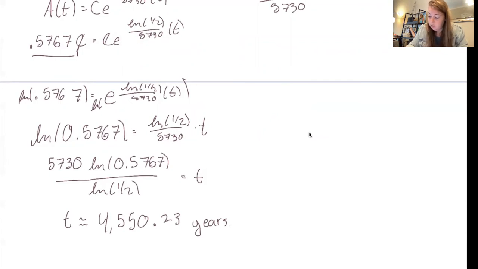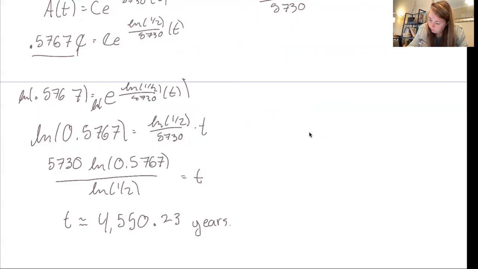So we want to find R. So I plug in, I know this amount because I know that its half-life is that many years. So that tells me this automatically. That's what this means: C over 2, so 50% of my C happens when T is 5,730.